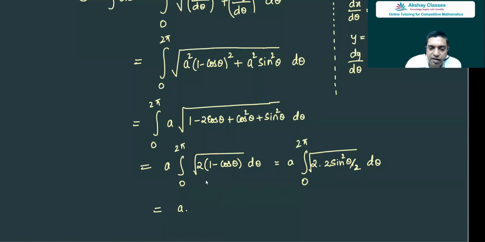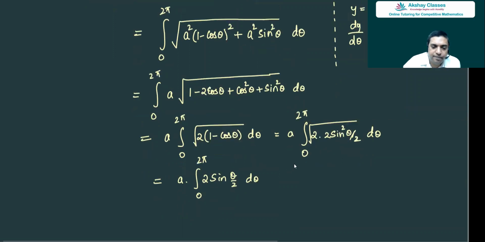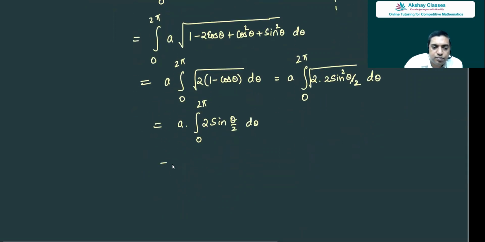You can straight away write this as 2 sine theta by 2 d theta, integral 0 to 2 pi. So this is 2a. The integral of sine theta by 2 is minus cos theta by 2, that is, half by the coefficient, from 0 to 2 pi.